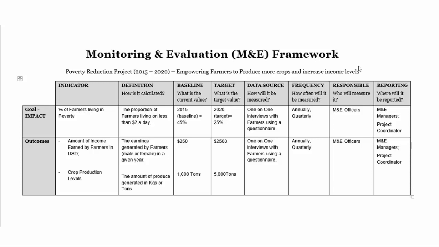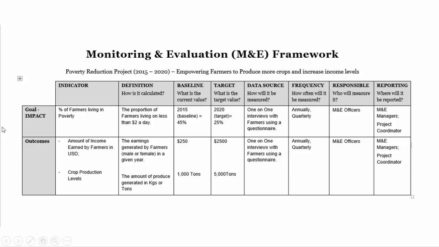What that means is that everything that you see here is the same as it appears in the logical framework, except that you won't have the definition, baseline, target, data source, frequency, responsible person, and reporting in the logical framework. Instead, you probably have the indicators, the assumptions, and other things, but I know you know what I'm talking about. Those are the other things you have in the logical framework.